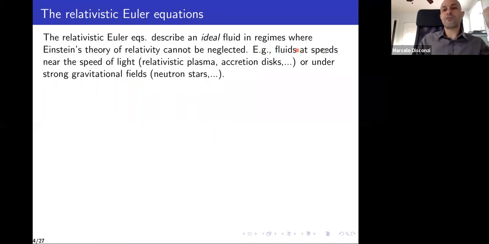If we have, for example, a fluid that's moving at speeds near the speed of light, that's what happens, for example, in the relativistic plasma that forms in collisions of heavy ions performed in particle accelerators, or in accretion disks near black holes. Another example is if you have a very strong gravitational field, for example a neutron star. So these are situations where you want to use the relativistic Euler equations or some other relativistic model, depending on the problem.